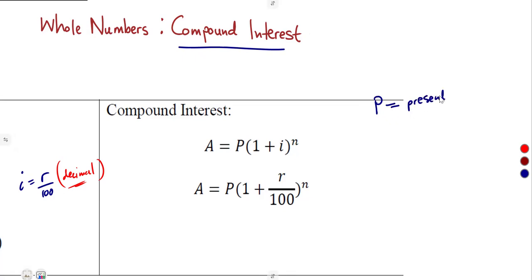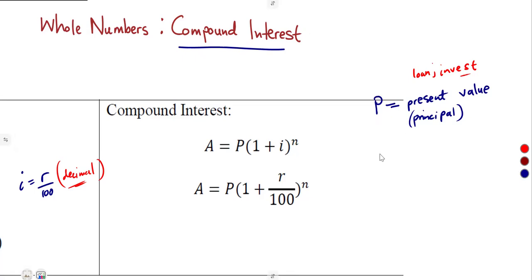Is it the money that you are going to borrow, the money that you are going to loan? Is it the money that you are going to invest? It can be an investment, the money invested. It can be something that you borrow, money borrowed, which is a loan. That is your P, which is the present value.